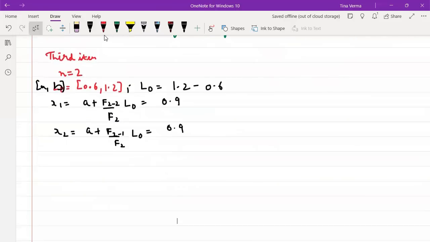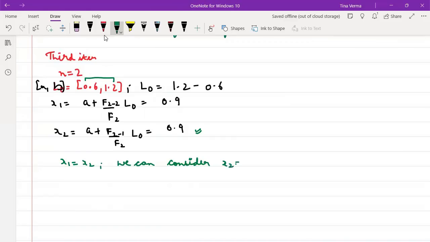अब हमें तो interval चाहिए, right? So you can see from here that your x1 is equal to your x2. And your minimum value is lying in this interval 0.6 to 1.2. So what we can do, we can consider the value of x2 just greater than x1, so that we can decide the interval in which my value is lying. छोटा क्यों नहीं ले सकते?